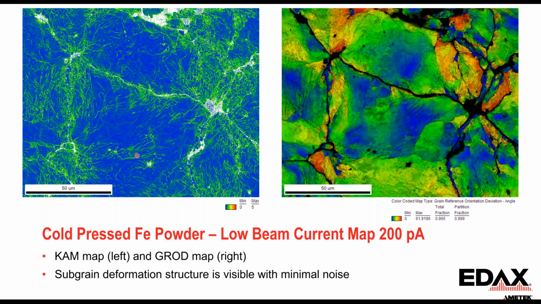And we can see in our KAM map we start to see subgrain structure and walls present within the larger grains within the microstructure, and then near some of these boundaries we see the accumulation of some of those low angle misorientations. We can also see this structure in what's called a GROD, or grain reference orientation deviation map, where we can show these orientation gradients relative to the average orientation with high precision and minimal noise.